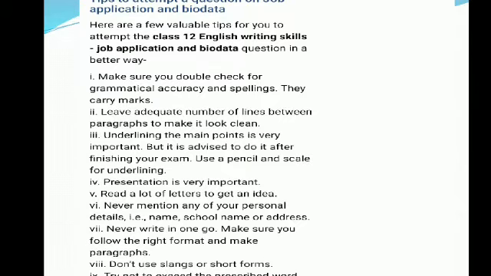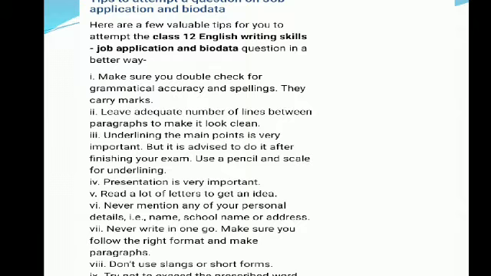First, make sure you double check for grammatical accuracy and spellings. They carry marks. So this is the first tip we have to keep in our mind, that we have to avoid spelling mistakes, and we have to follow grammatical accuracy because they hold marks. Then leave an adequate number of lines between paragraphs to make it look clean.